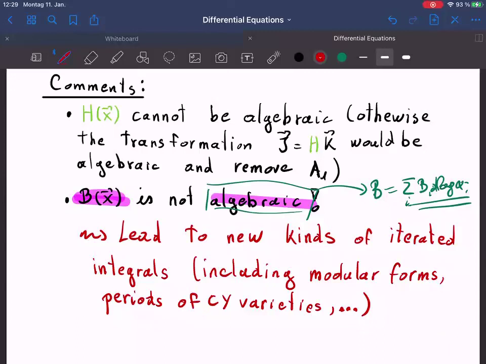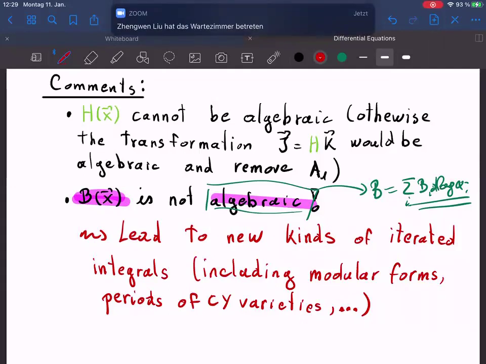For example, the periods of an elliptic curve, or the periods of some K3 surface, or the periods of some Calabi-Yau varieties. And they will then propagate into B, which would make B not a matrix of D logs, but a matrix of modular forms, for example. This is what happens for things like the massive sunrise.